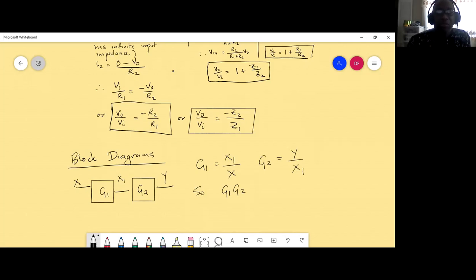So if I multiply G1 by G2, that's going to give me X1 over X times Y over X1. That's Y over X.